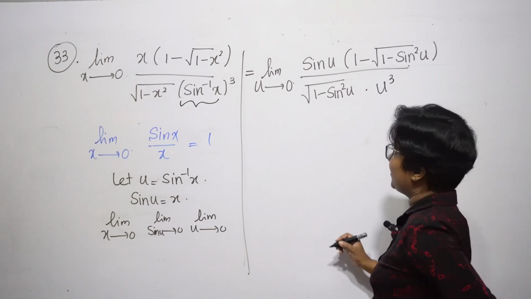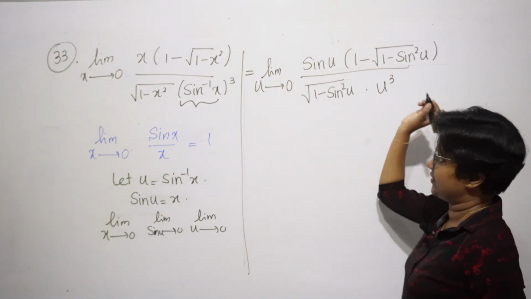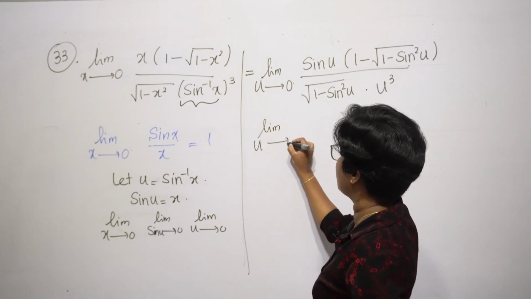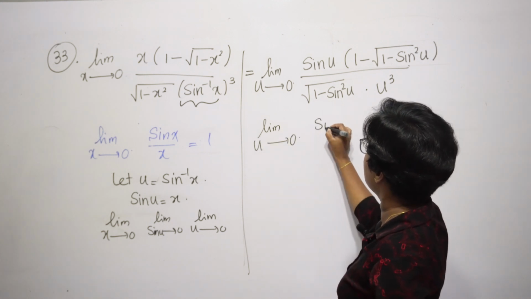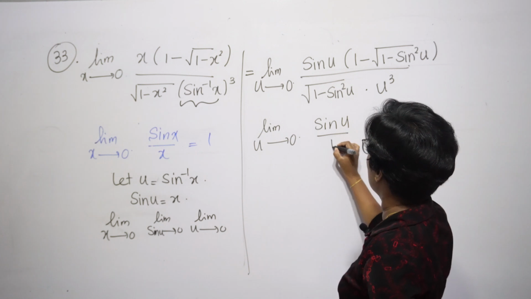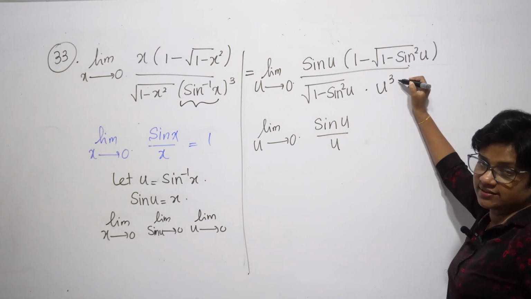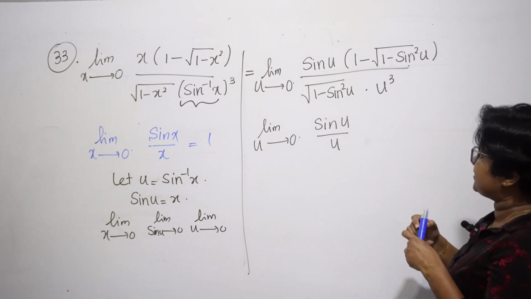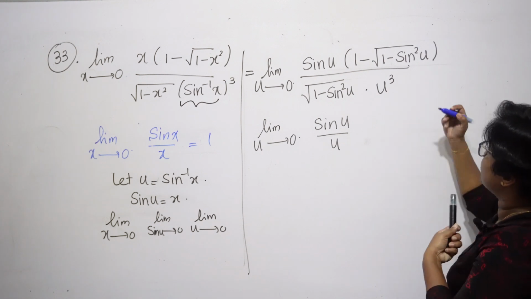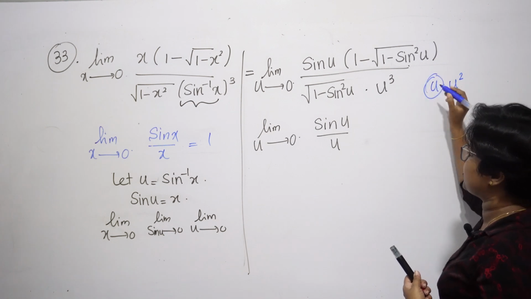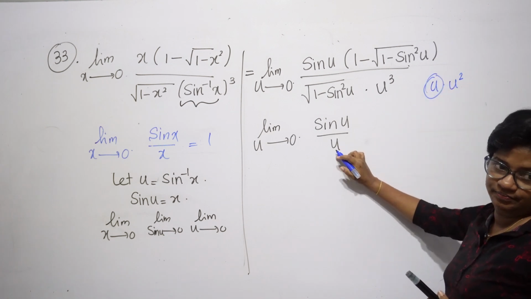Okay. Now I can rewrite it like this. The limit as u approaches 0 of sine u over u. I have taken one of the u's. Here you have u to the power 3. You can write it as u times u to the power 2. So I have taken this u to write here.